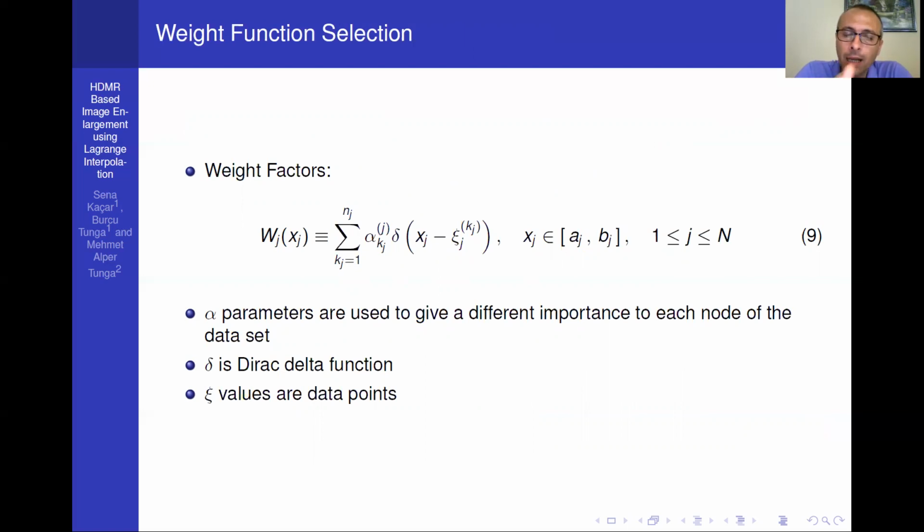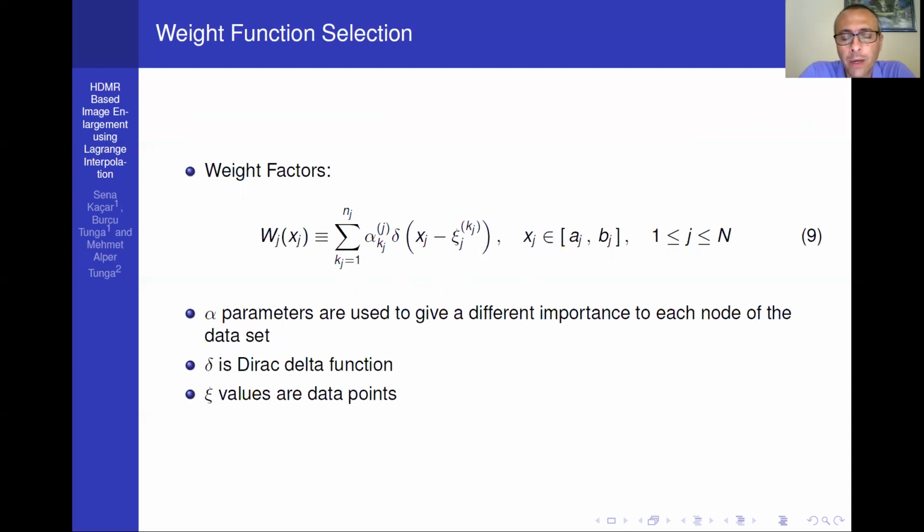In this study, our aim is to use HDMR as a multivariate data partitioning technique. To do this, we need to select a specific weight function. In this sense, we choose this one. It's a Dirac delta type function.